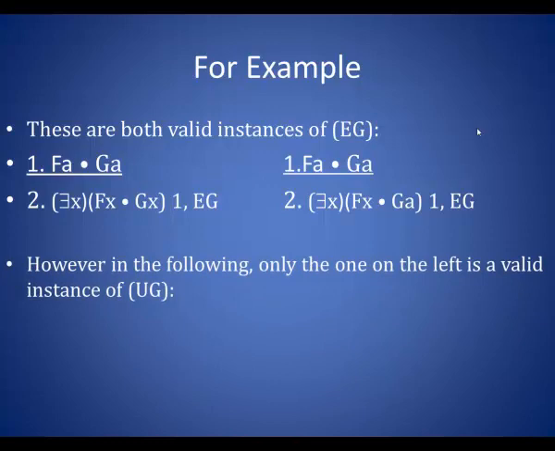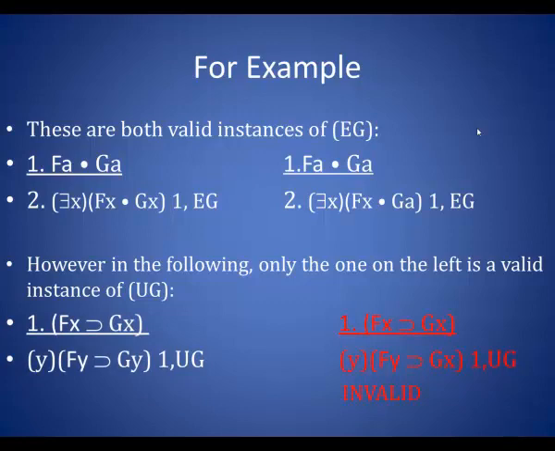However, when doing UG, we have to bind every single instance. Notice on the left side, I add my universal quantifier y, and I change both my variables to y, so that the entire line is governed and bound by the universal quantifier.